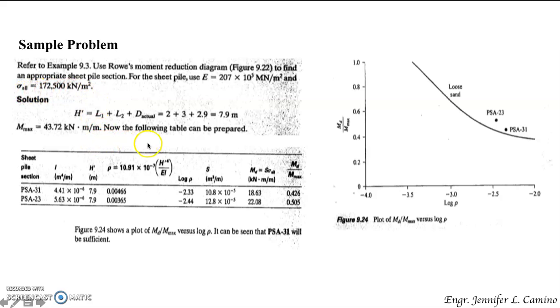And you can have the value in tabular manner. So you have to identify the section of the sheet pile. We're going to have your I, the I of the identified pile section. We have identified our H prime, which is 7.9. We have our rho. Simply use this equation, log of rho, which is equal to this.